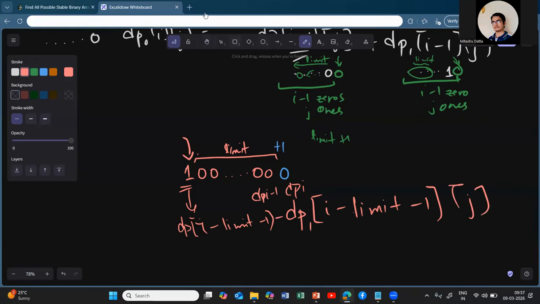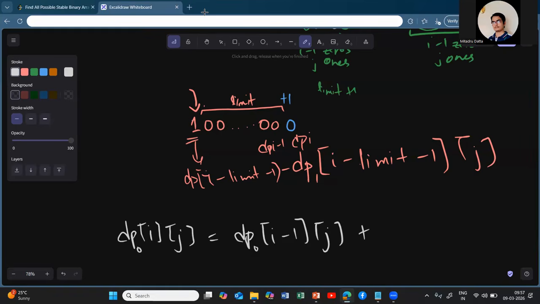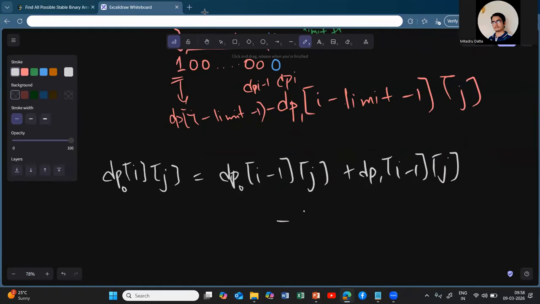Okay, so what will be your dp transition? The final dp transition, if you try to write it, it will be very simple. You see, dpij, to revise it, dp0ij, you can derive from 0 I minus 1 j. Again, you can derive from 1 I minus 1 j. Okay, you are placing a 0 in these things, and you're also subtracting dp1 I minus limit minus 1 and j.